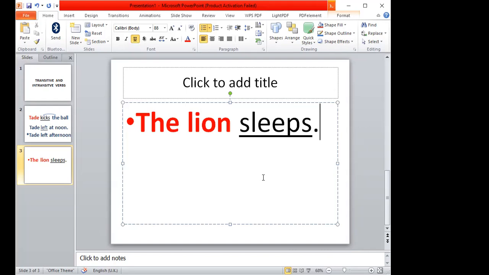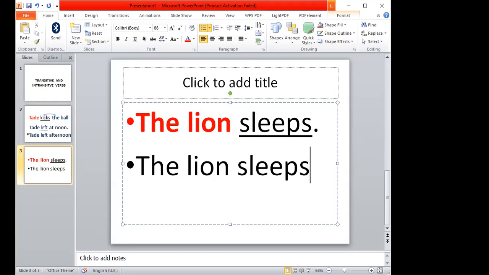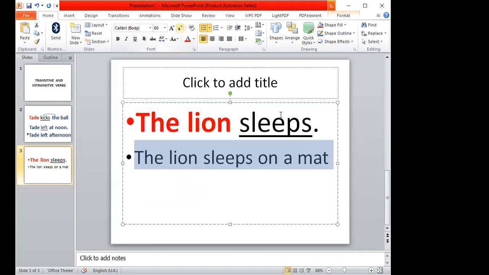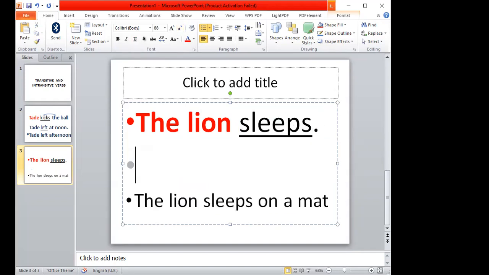If I want to rewrite this sentence, I may put something like this: the lion sleeps on a mat. Now, grammatically, I can tell you that I have a subject, a verb, and an object in this second sentence.